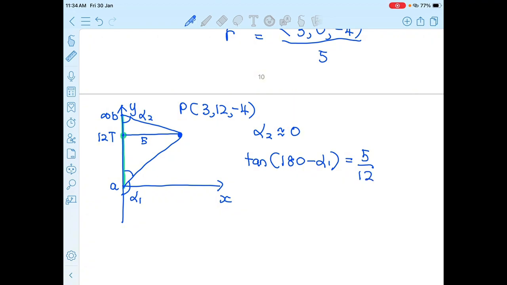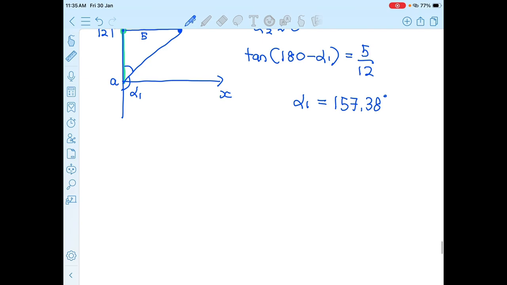So arctangent of 5 over 12, and when you get the angle, you have to subtract from 180, so it's 157.38 degrees.